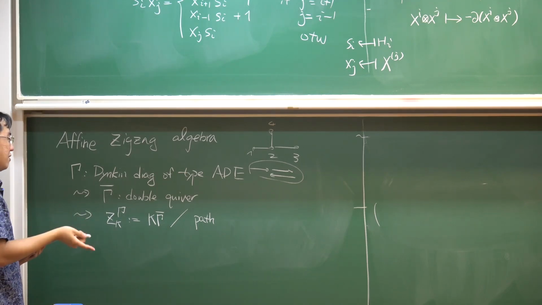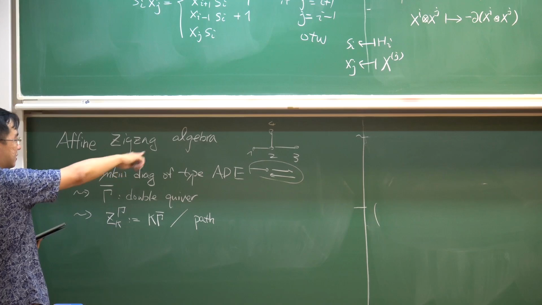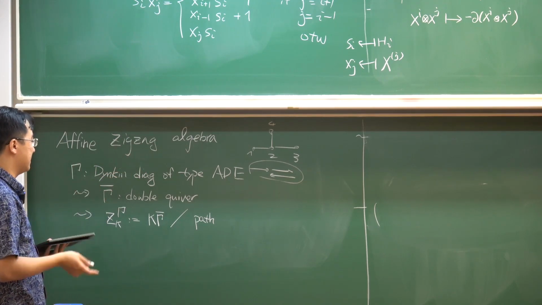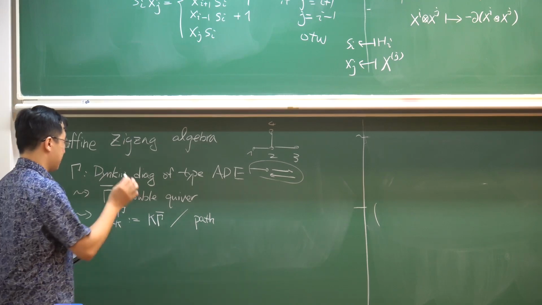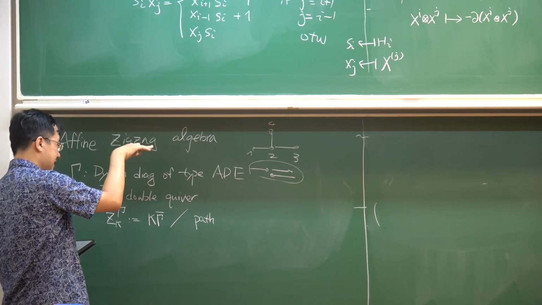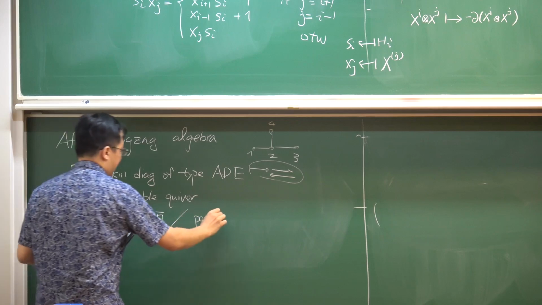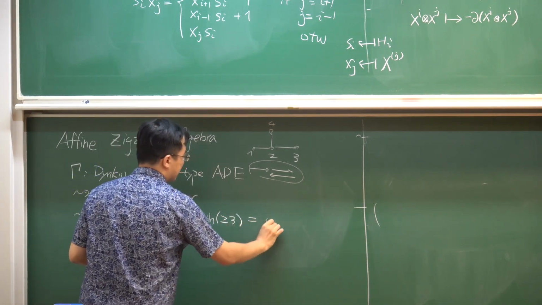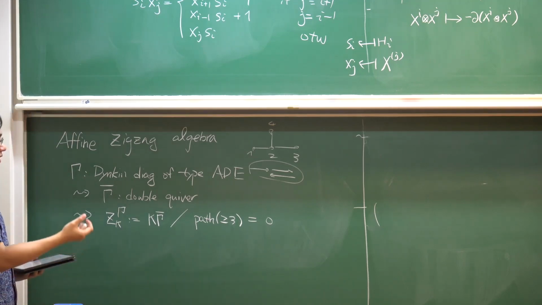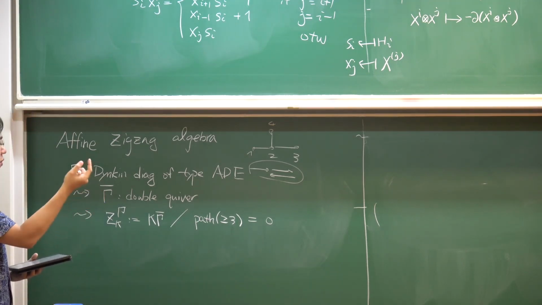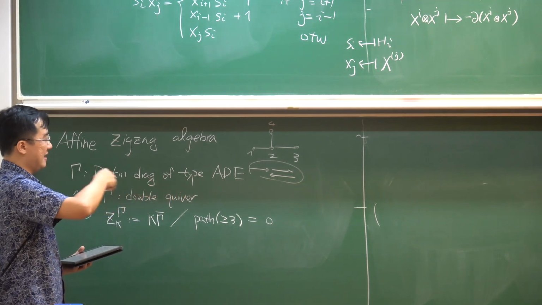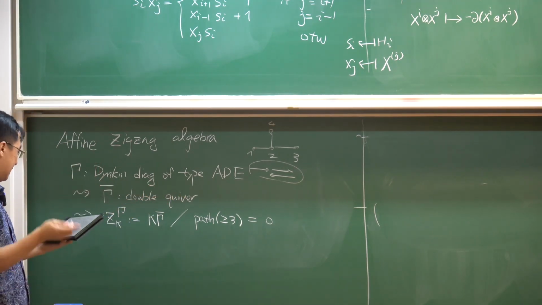You need to impose some relations, saying certain types of paths equal 0, to make it a finite dimensional nice algebra. So the relation we need here is that any path of length greater than or equal to 3 has to be 0. So you only have paths of length 0, 1, or 2, which represent a node, a line, and a path of length 2.